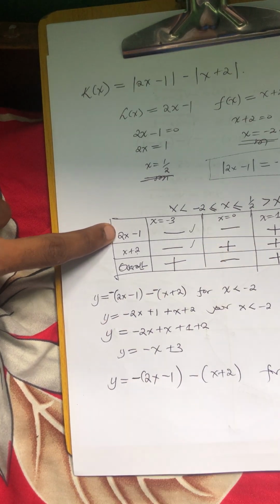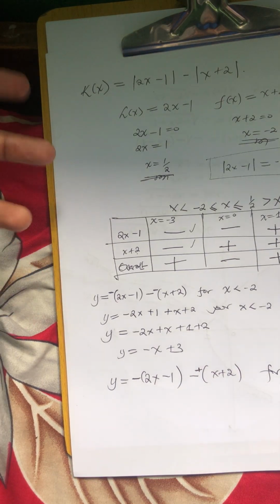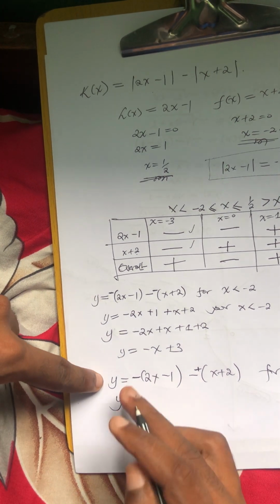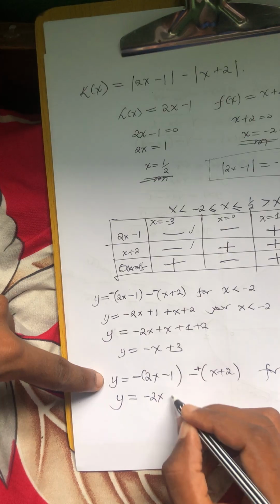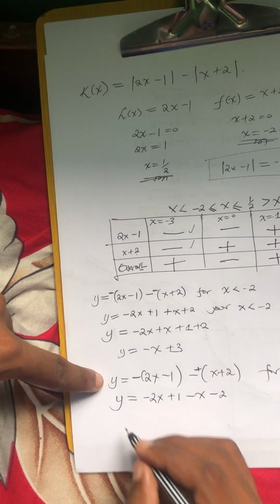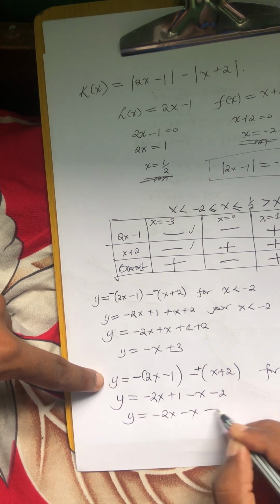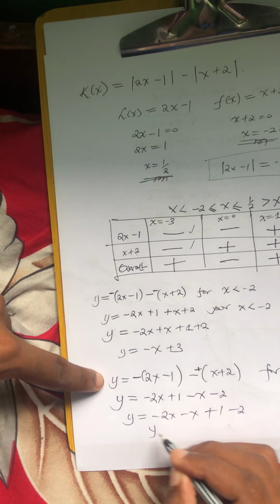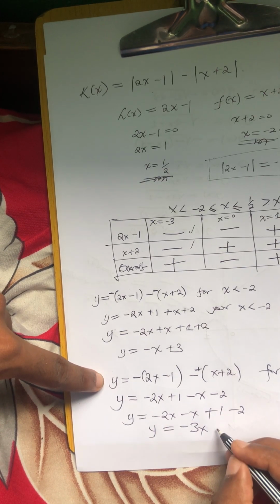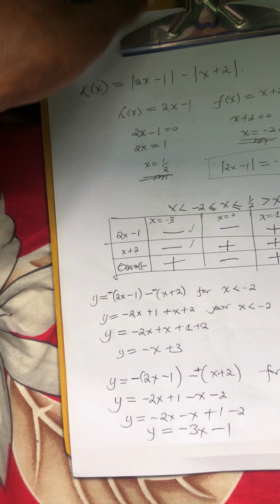Since the second is a positive, a positive will have no effect. So this times that is minus 2x, then plus 1, then minus x, then minus 2. So y is equal to minus 2x, then minus x, then plus 1, then minus 2. Then y is equal to minus 3x, then minus 1. So this is for this region.